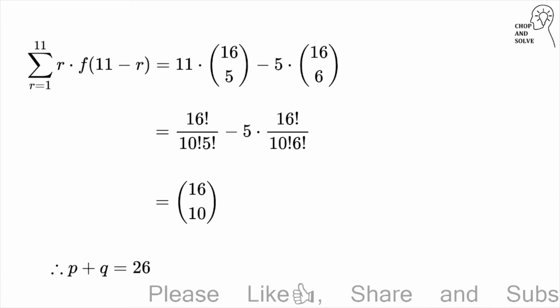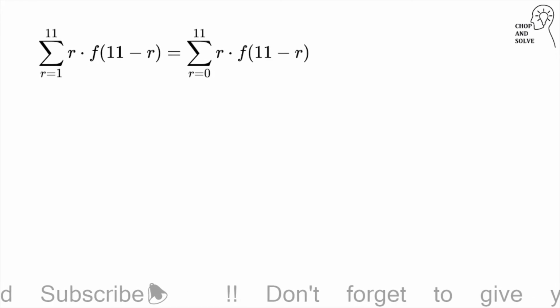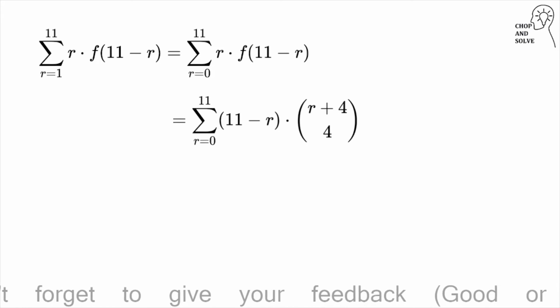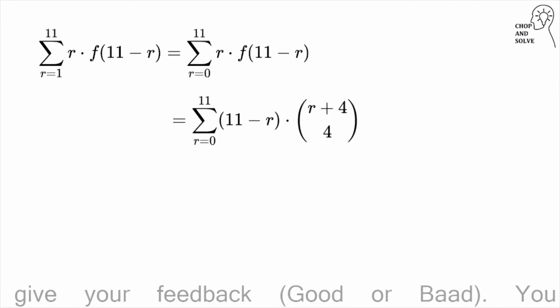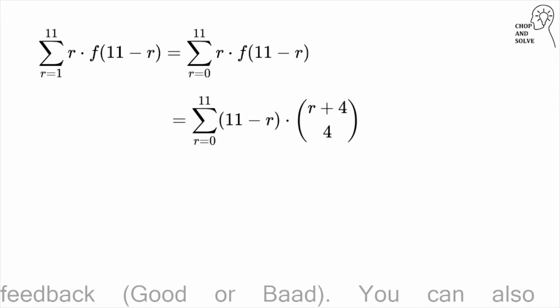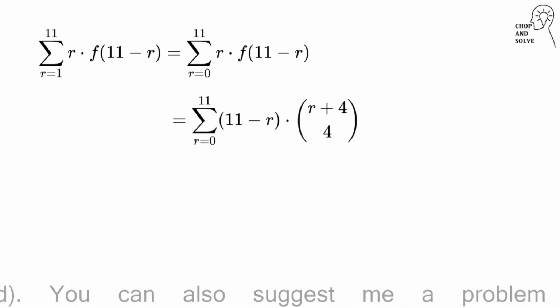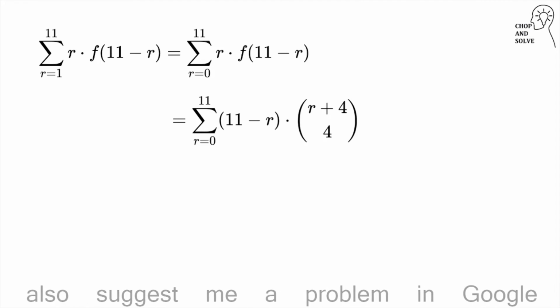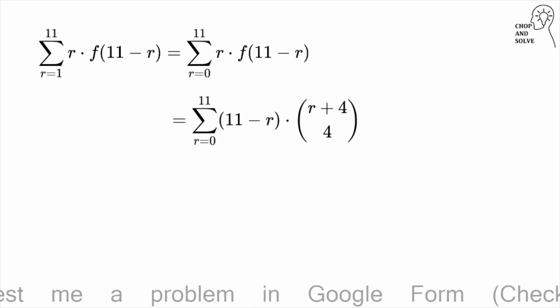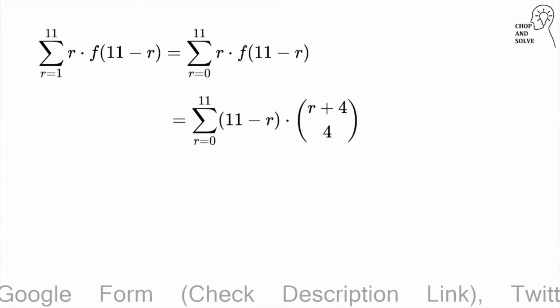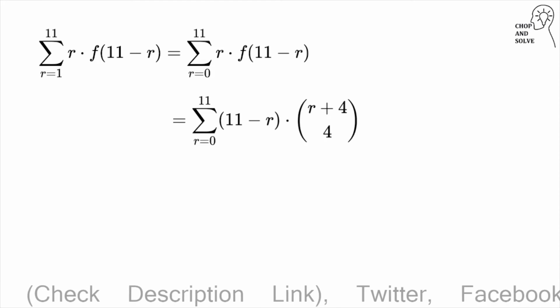And you can also solve this in a slightly different way. You can also write the summation over r equal to 0 to 11 of 11 minus r into f of r.